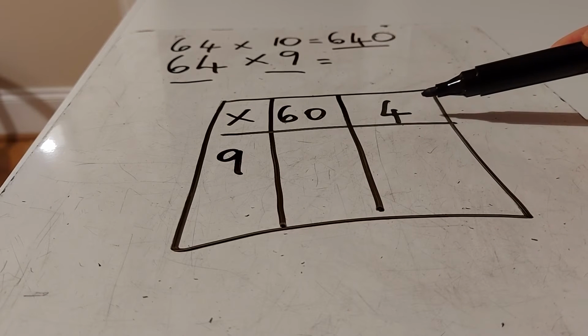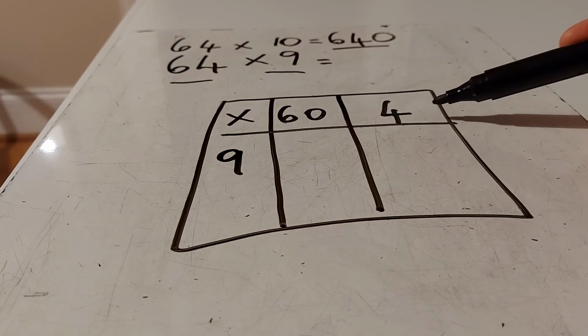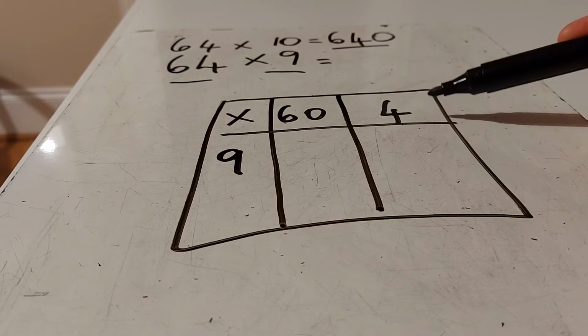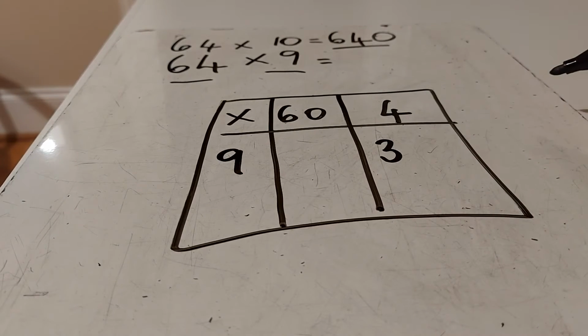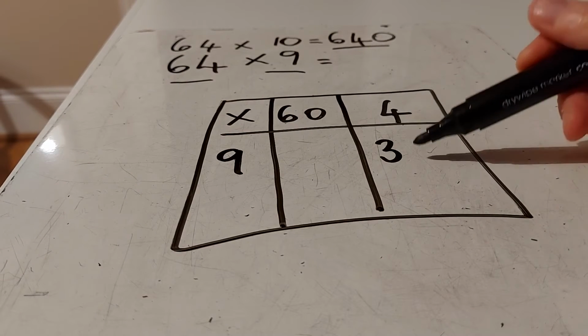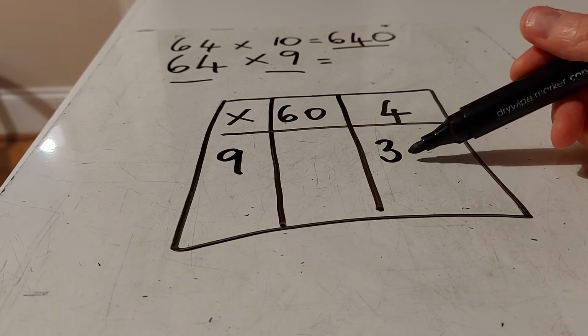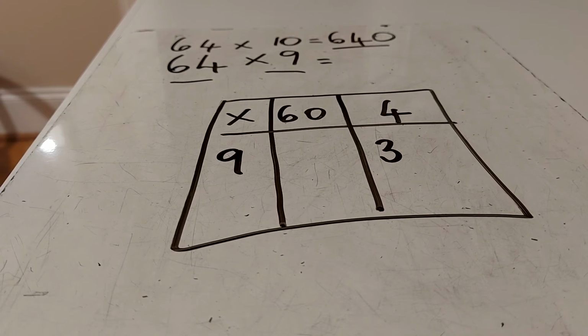Now, if you remember that clever trick from the 9 times table, in order to do this very quickly, you take away 1 from the 4, which is 3. And then you must think to yourself, what do I add to 3 to make 9? 3 add what makes 9? And the answer is 6, okay?